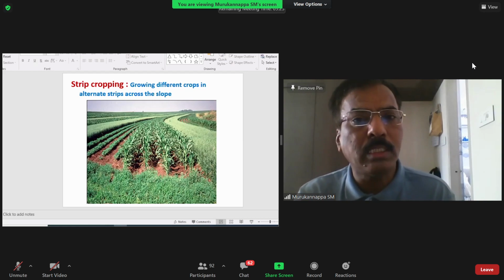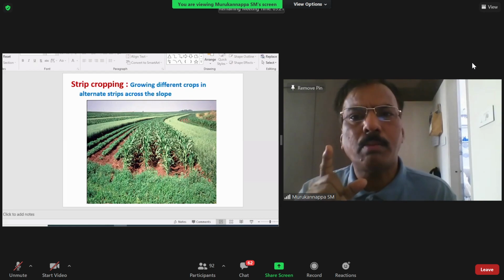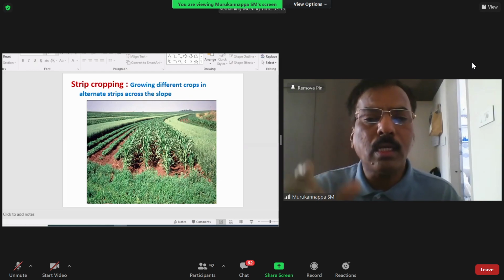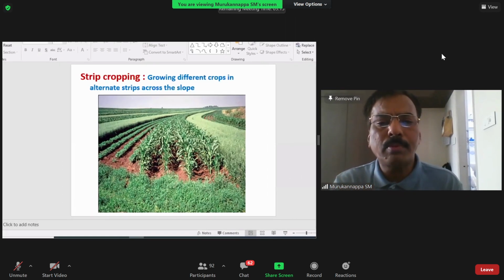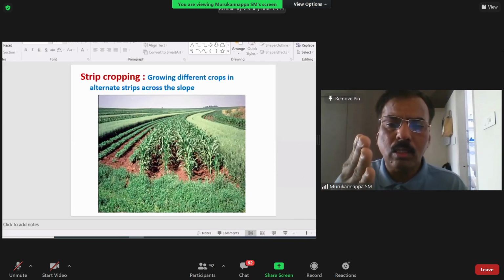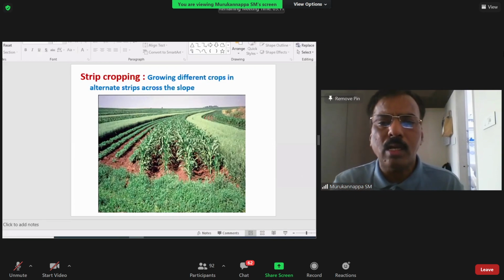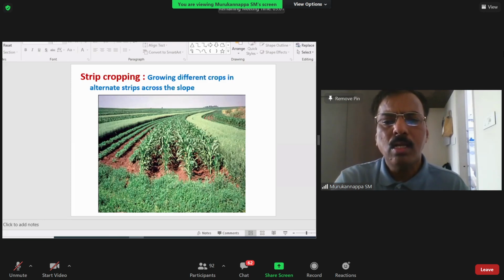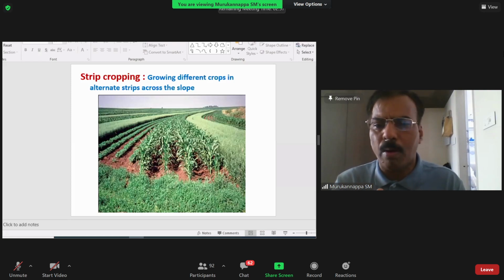Whatever water is conserved will be used effectively, as some crops are erosion resistant and others erosion permitting. Erosion resistant means, if the land has the maize crop, you can see here in the figure.